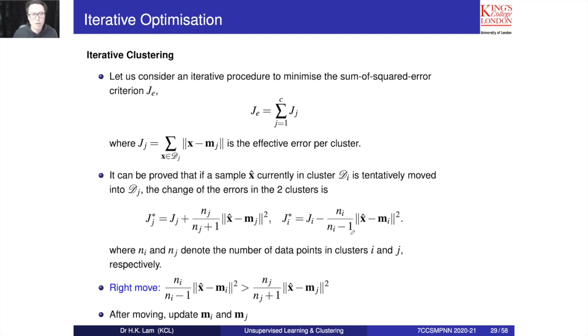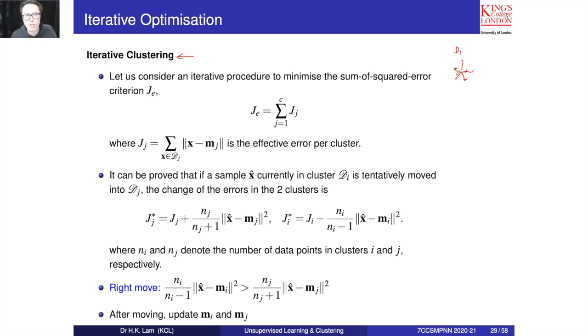Okay, and now I'm going to present further details about the idea for the iterative clustering method. Assume that we have many clusters, corresponding to each cluster j, from 1 to C. We have many samples, and corresponding to cluster 1, this is the sample set for cluster 1. We have M1 right here, and then we compute the distance.